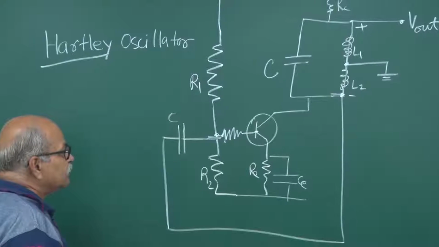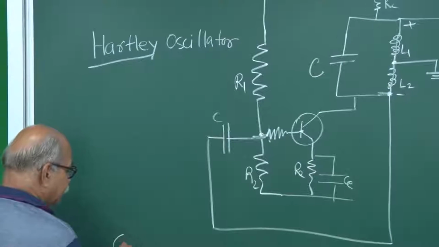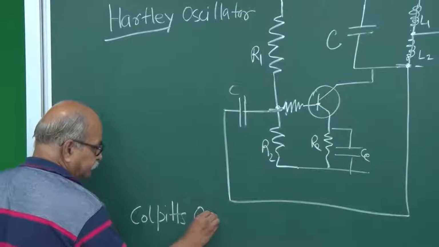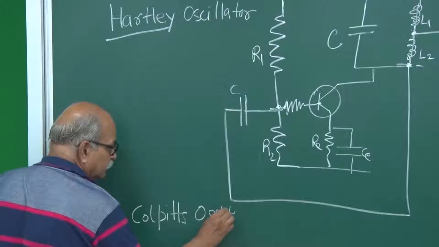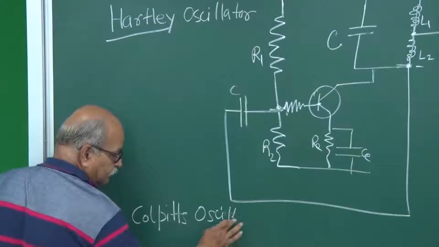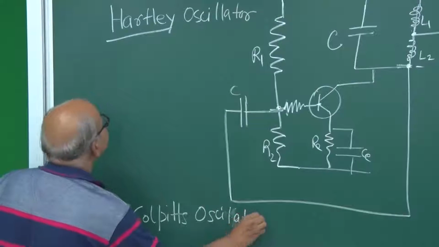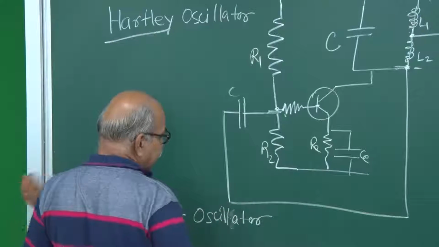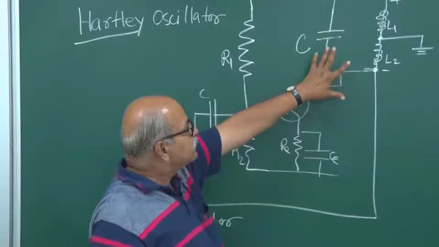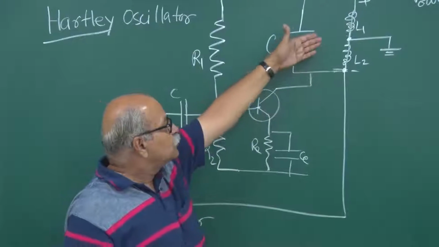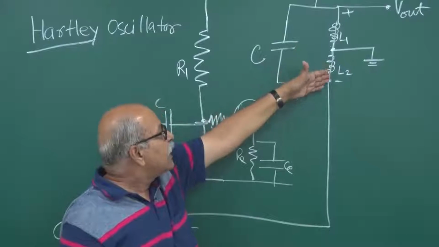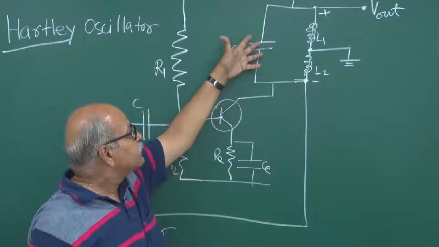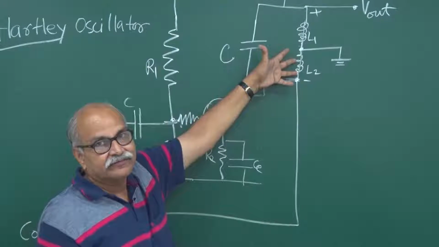Closely related is the Colpitts oscillator. So once again the same story. The only difference is that instead of 2 inductors and 1 capacitor, this circuit will have 1 inductor and 2 capacitors.